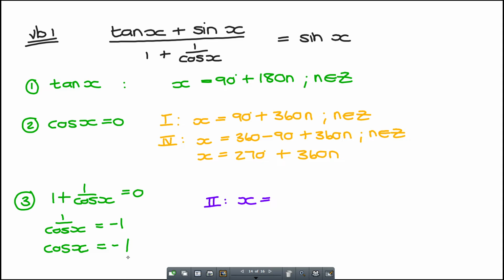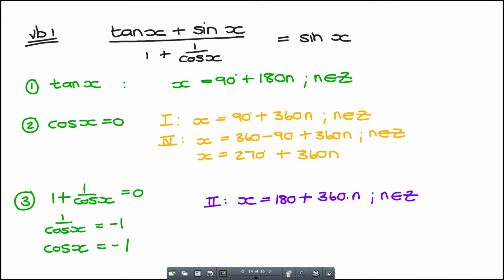Okay, cos is negative. So in the second quadrant, it would be 180 minus 0. Maar kan ek nie maar net sê 180, is dit okay? Plus 360 times n.